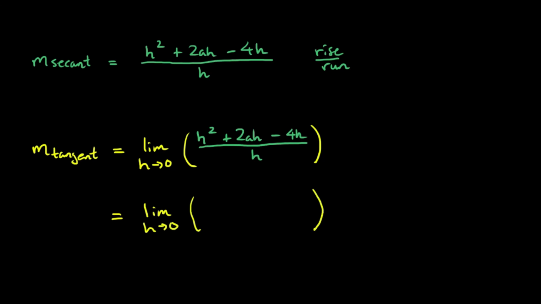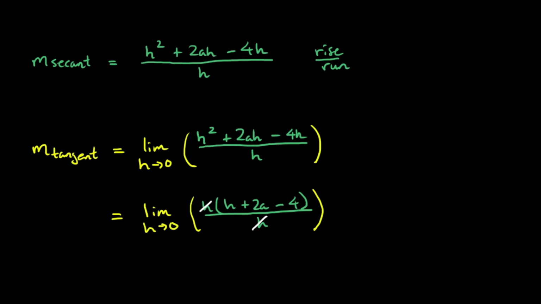We factor out an h from the top, and we'll get h times (h plus 2a minus 4). And then in the bottom, we have another h, and then of course we can divide those h's, and there goes our 0 over 0 indeterminate form.